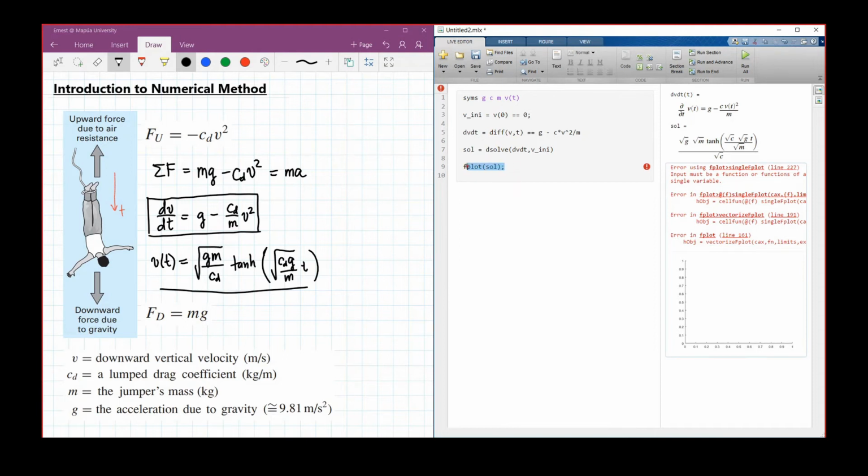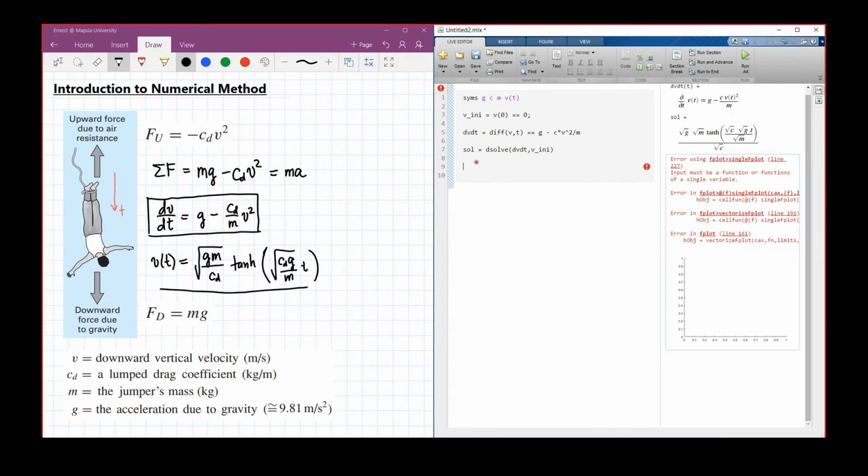Okay. So this is our solution, and fplot must be a function. So anyway, this is your function. So how do we define our function? Anyone?